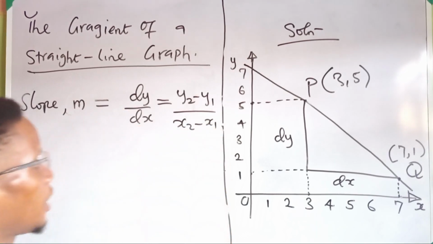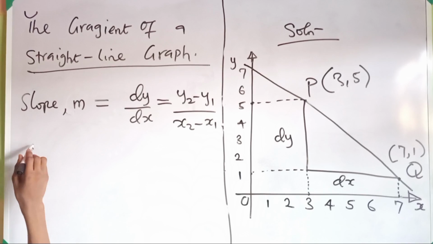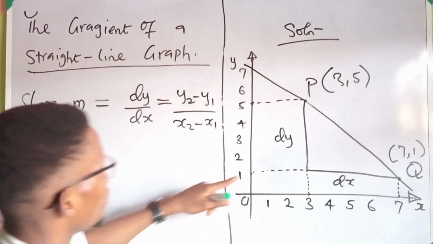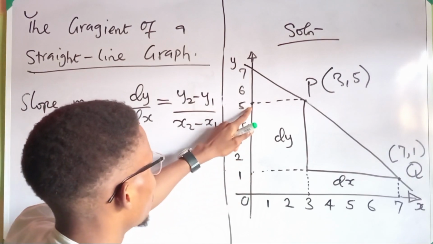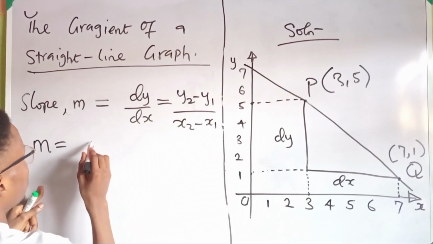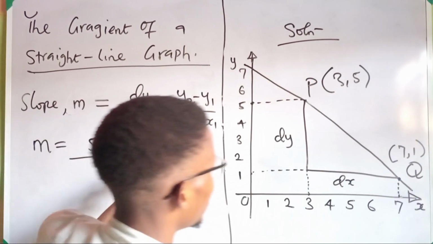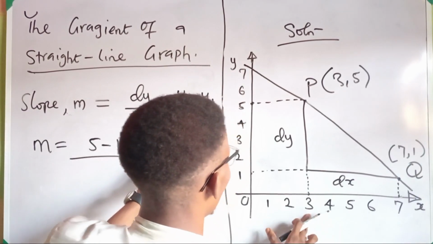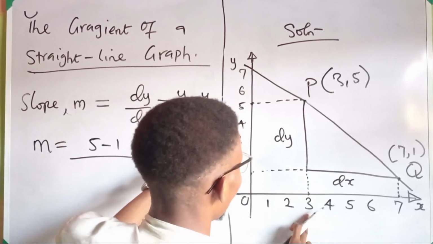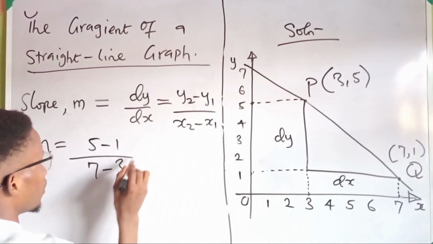So m now equals, if y1 is this and y2 is 5, we can represent it as 5 minus 1, all over, S2 is 7 and S1 is 3, so 7 minus 3.